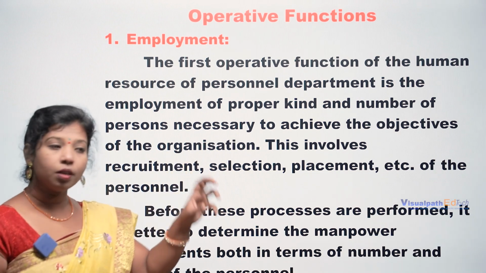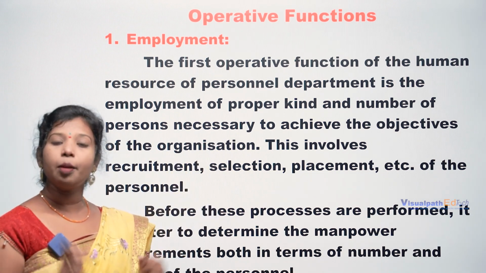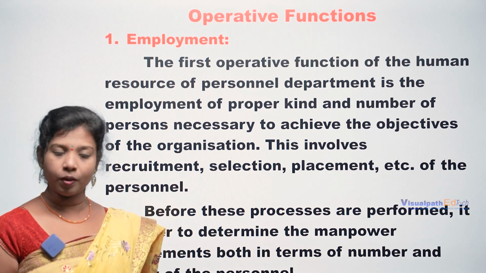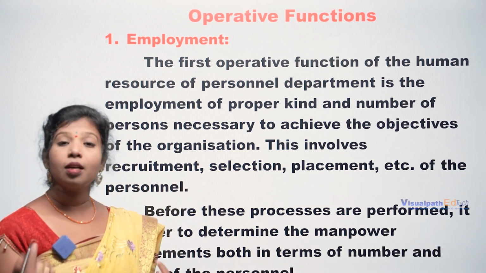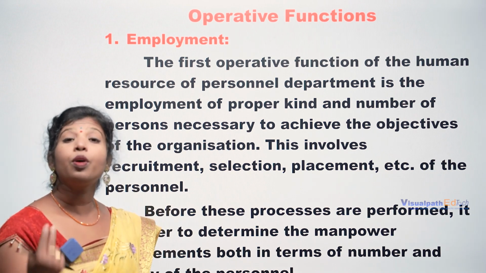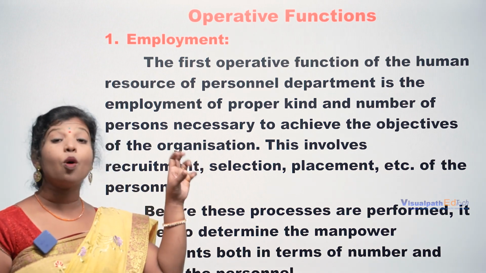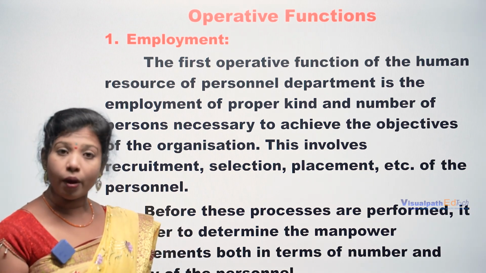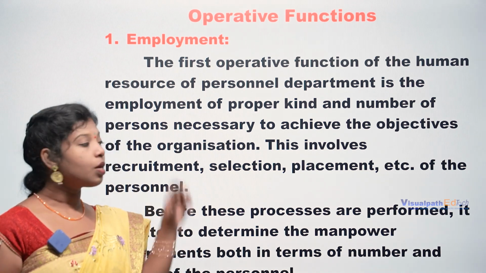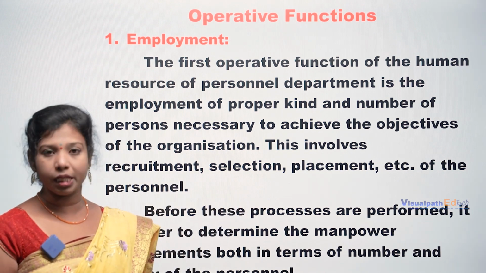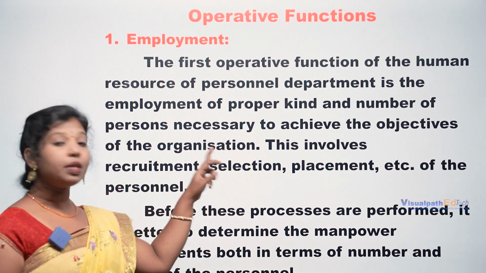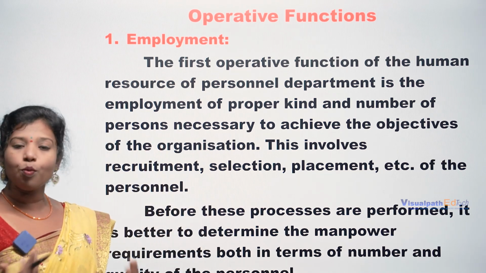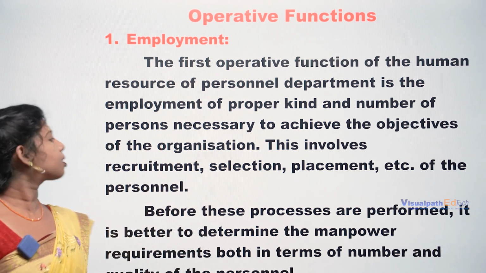To achieve some objective, I need 10 employees, but I have only 8. So the requirement is 2 more employees, skilled or capable of achieving this objective. That is the proper kind and number of persons, to achieve the objectives.